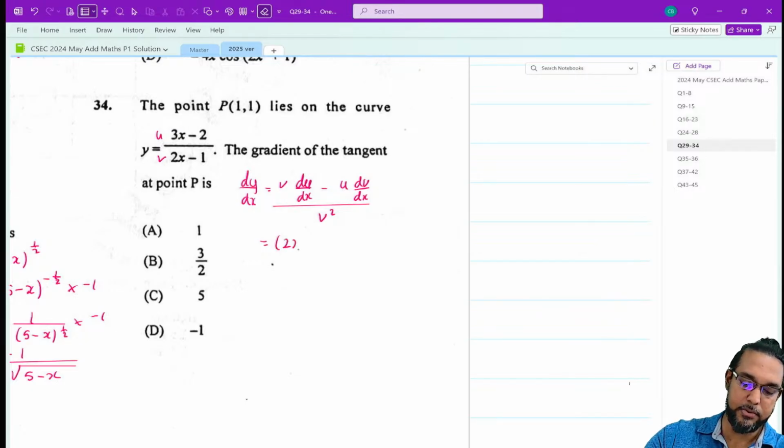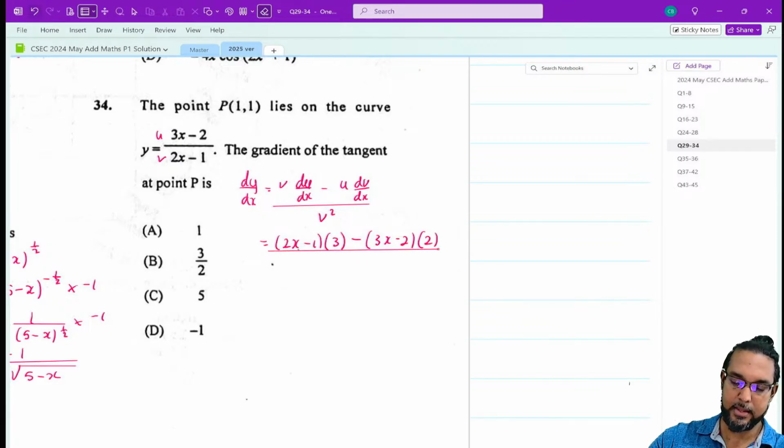So that's 2x minus 1 by du dx, which is 3, minus u, which is 3x minus 2, by dv dx, all over v squared.